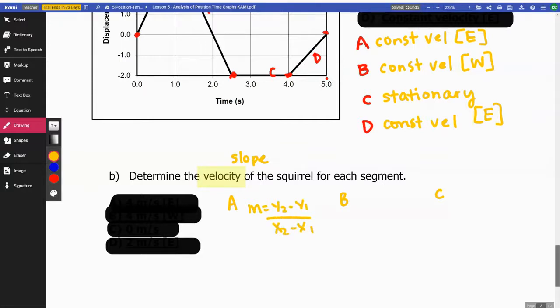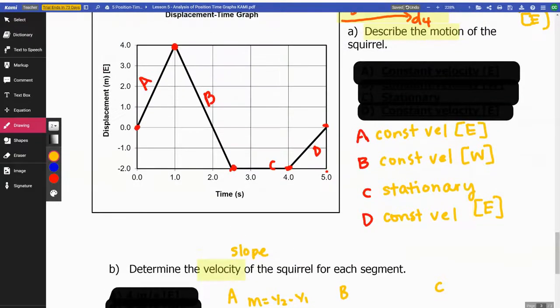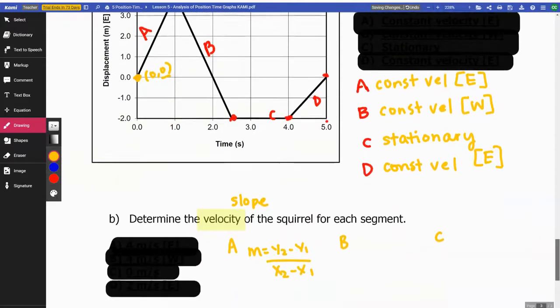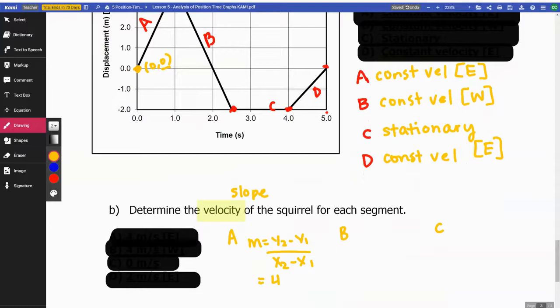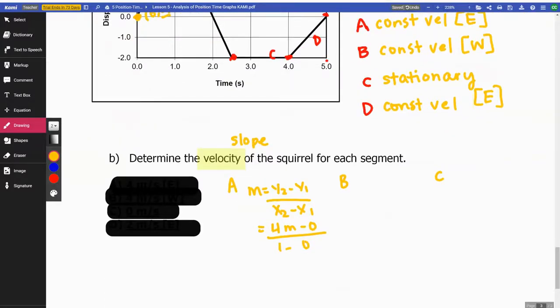Okay, y2 minus y1 over x2 minus x1. And I'm going to pick 2 points. I like the 0, 0. So for line A, I'm going to pick this, which is 1 and 4. So find the slope. y2 minus y1, 4 meters minus 0, over x1, which is 1 second minus 0.